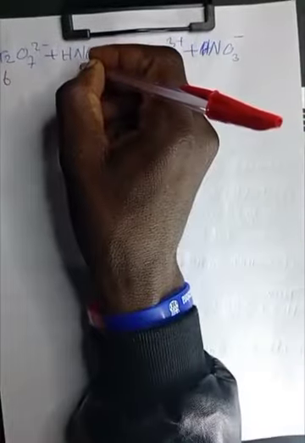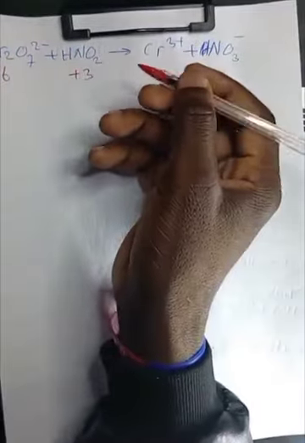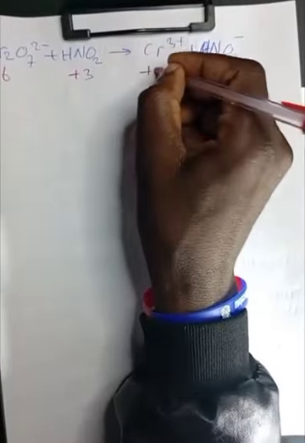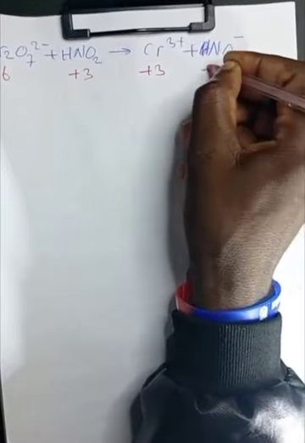So we have calculated chromium, we got positive 6 here. Nitrogen here was positive 3. Then chromium this side is positive 3. Nitrogen this side was positive 5. This is what we calculated.